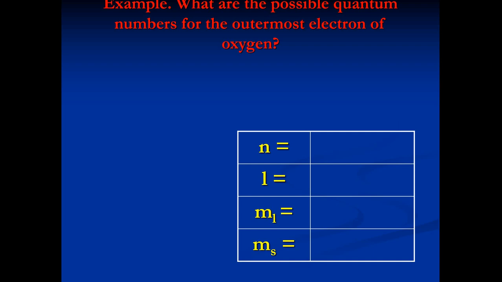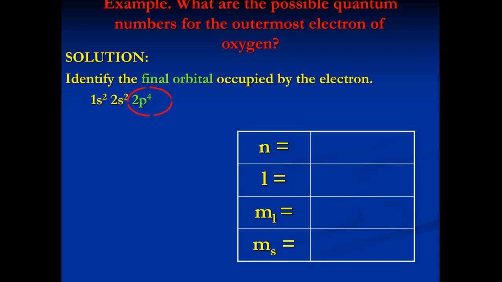We remember that oxygen has atomic number 8. So we have 1s2, 2s2, then 2p4. Where do we expect to have our outermost electrons? The outermost electrons are in this 2p4.